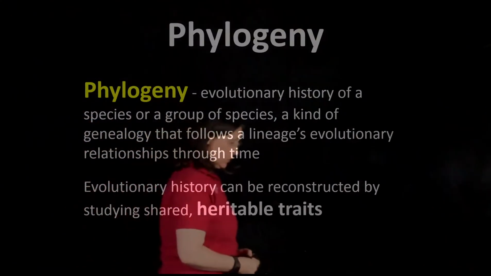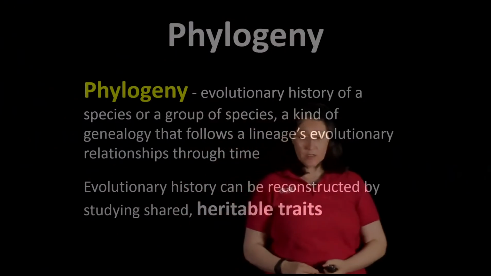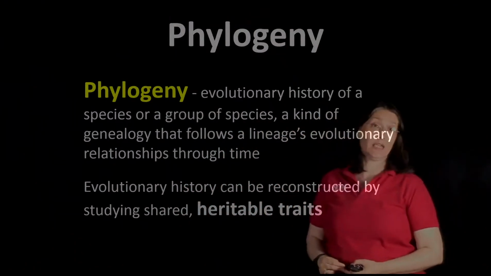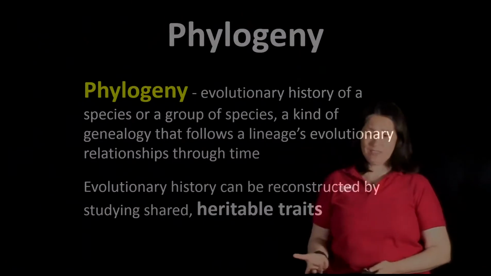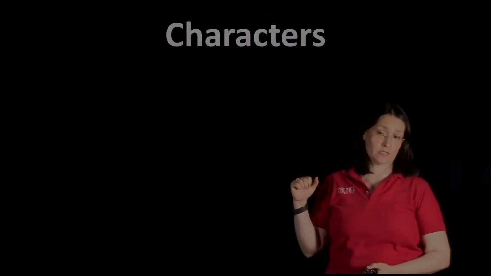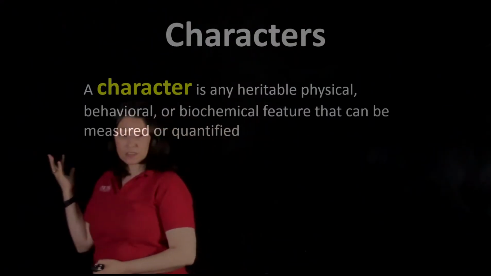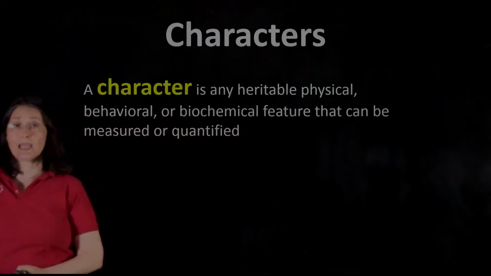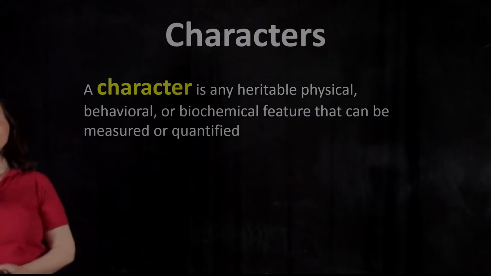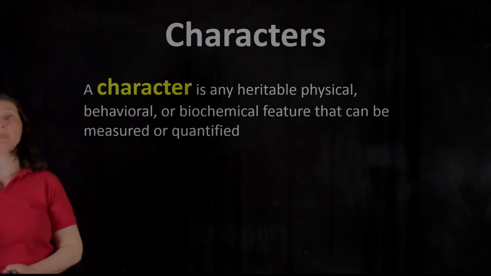In order to follow phylogeny, we need to look at heritable traits. So what exactly are heritable traits? We talk about characters, and characters are heritable traits that are inherited, and they can be measured.